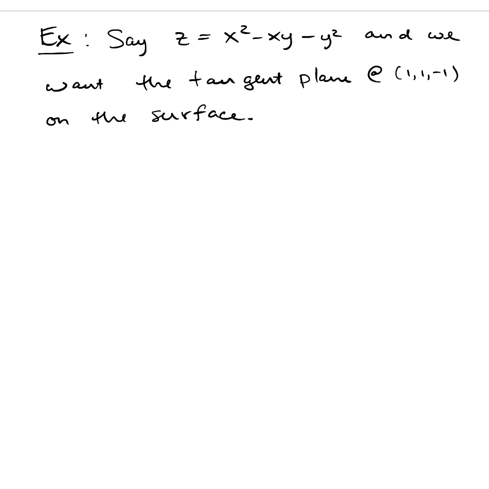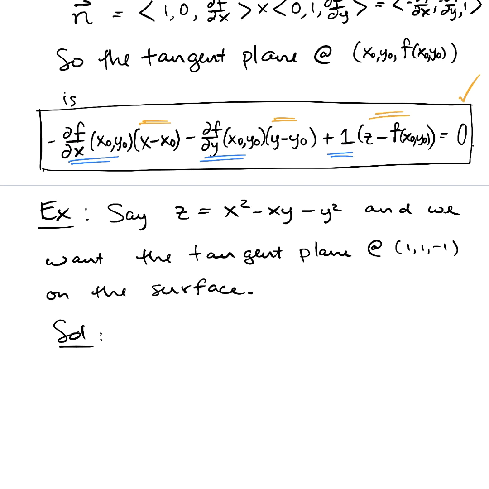Okay, well, the solution: if you look back at our formulation of the tangent plane to a surface in that black box, we need a few ingredients. We need the x partial at the point in question, and we need the y partial at the point in question. And that's all we need.